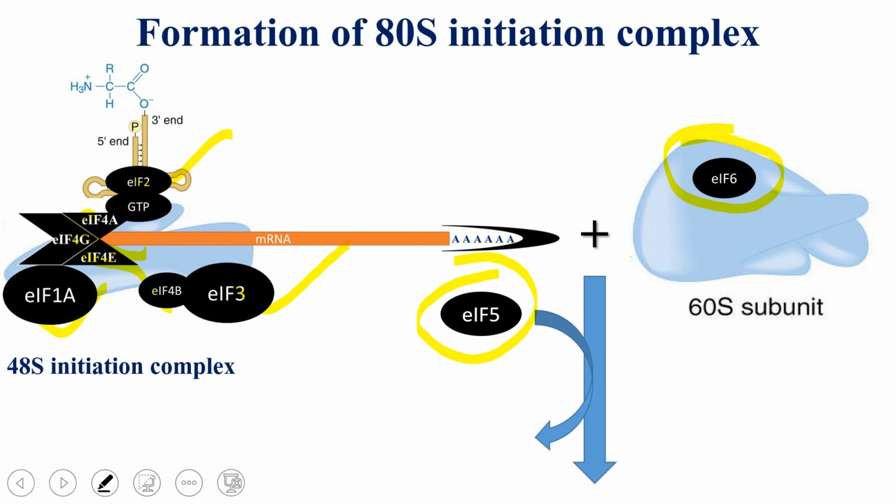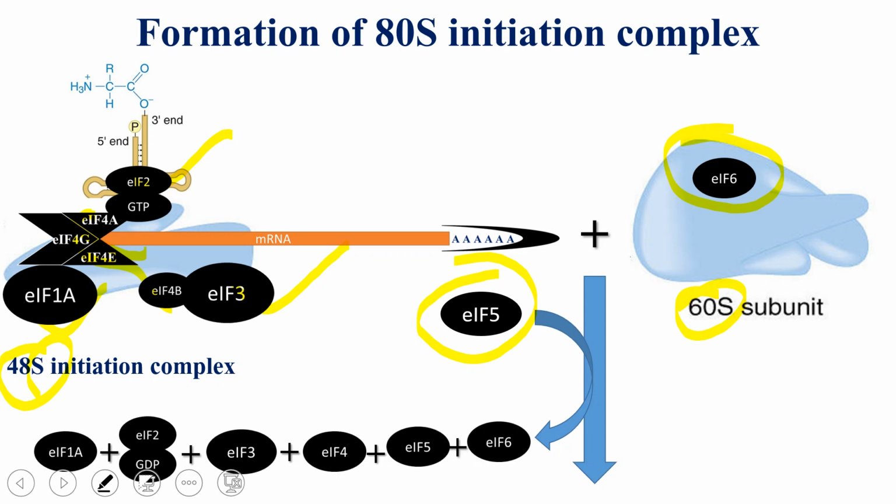Once this 48S is combined with the 60S in the presence of EIF5, it forms a complex called the 80S complex, and all factors are removed, meaning all the factors dissociate from there. So 1, 2, 3, 4, 5, 6, everything has gone.